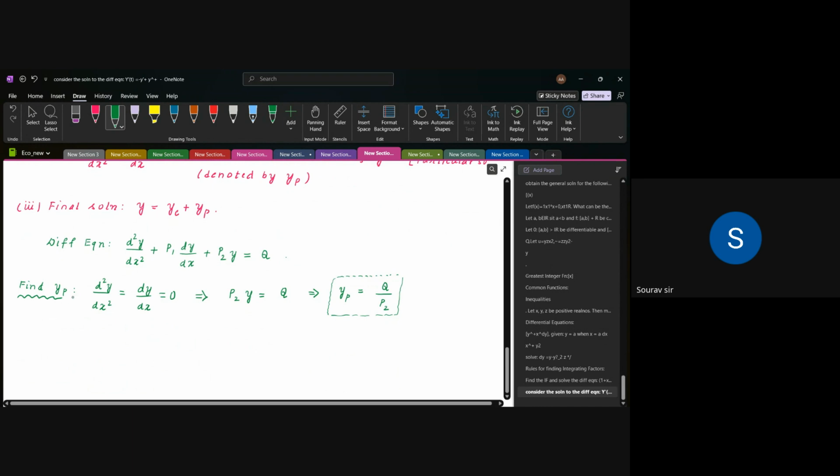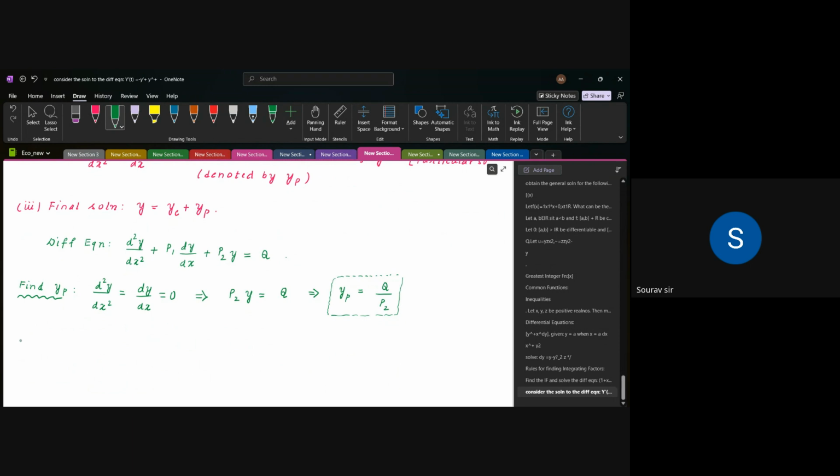Okay, so moving on to finding the complementary function. If I have to find yc, what do I need to do? I need to put my q equals to 0.